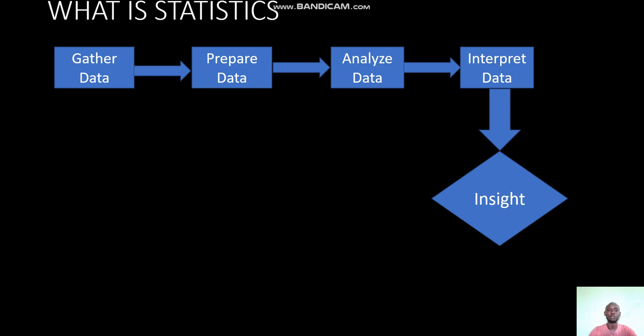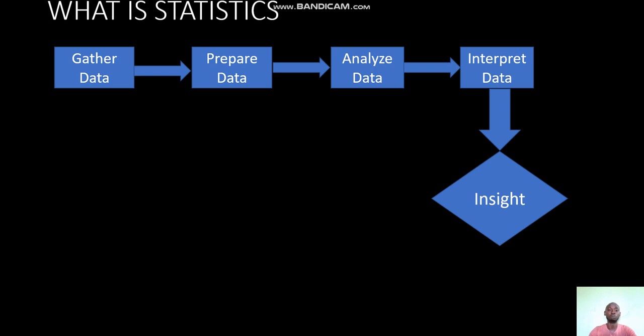Then after you prepare your data, for cells that do not contain a value, you try to research to know more about why that particular cell does not have a value, whether to delete the cell or not to delete it.